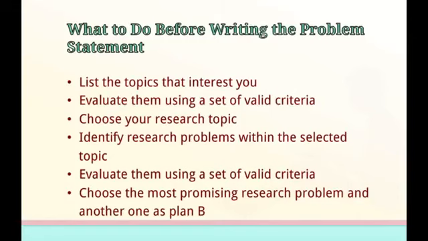Once you have written a list of topics that interest you, you evaluate them using a set of valid criteria. For this exact point, we at DoctoralNet even have an automation to do that.